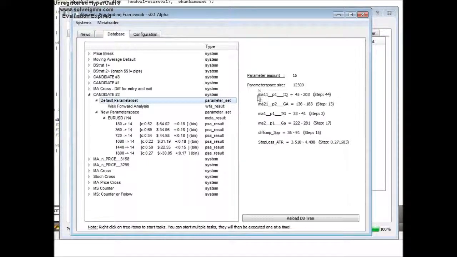So the moving averages here, the one with the 2 digits is used for entries, and the one with 1 digit is used for exits. The one that has a 1 at first digit is always the fast moving average, and this is the slow, this is the fast, this is the slow. This for entries and this for exits. So just keep that in mind.